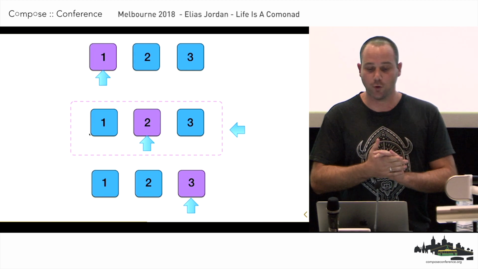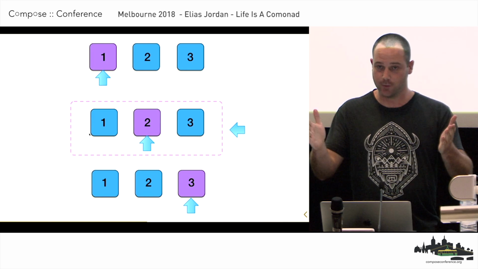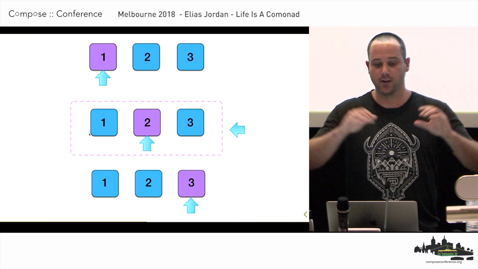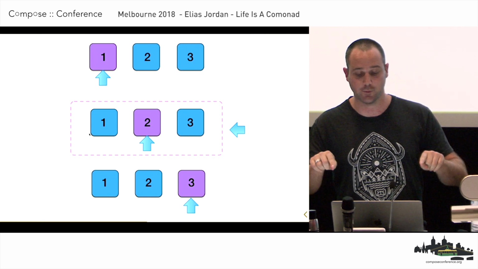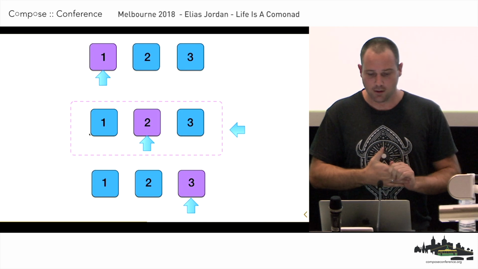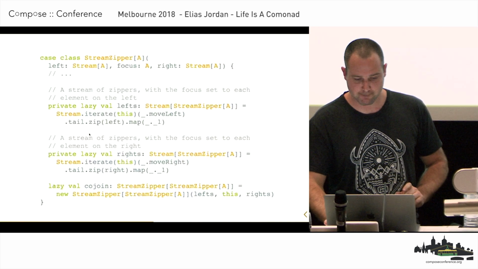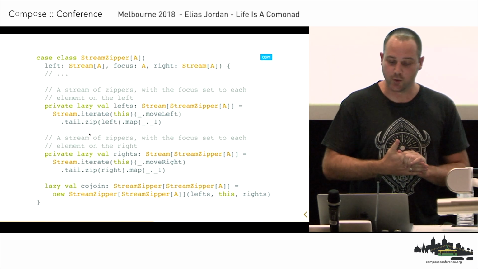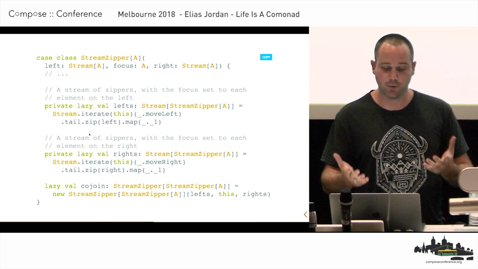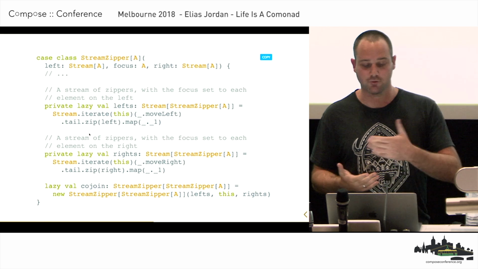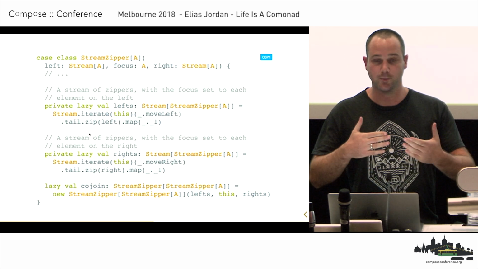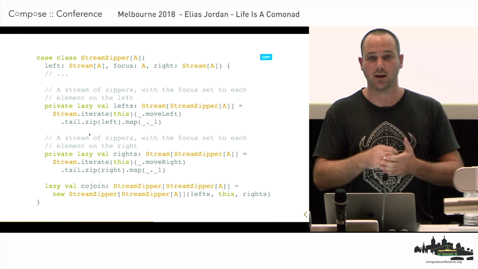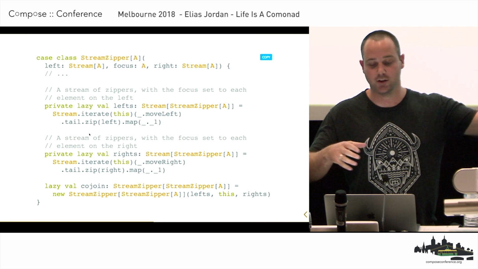Also, it's important to note that since we have 2 layers of stream zipper here, we also need a focus element for the outer layer. And that's what the dotted lines here are demonstrating. So this is how we implement this. We start off with 2 helper functions, lefts and rights. What it does is simply repeatedly applies our move left function until we reach the end of the data structure.